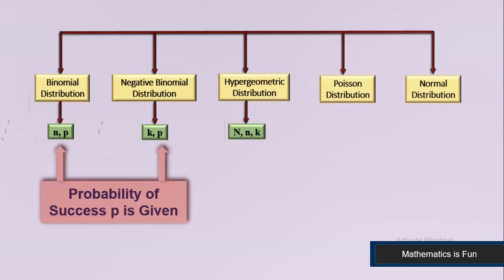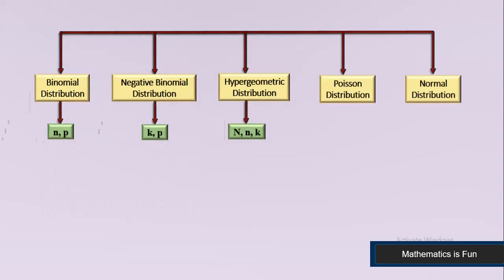So you can easily identify that this problem is of binomial distribution. But in the problems of hypergeometric distribution, there is nothing like probability. Its parameters are capital N, small n, and k. So the situation would be like there is a lot of population, and from that lot, I have to pick some random sample of some objects.